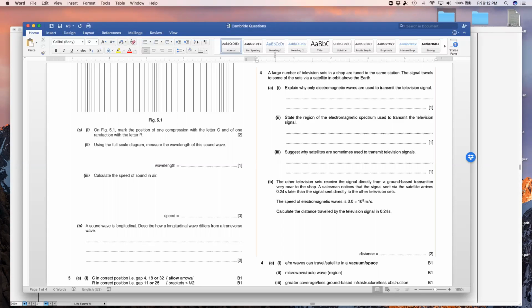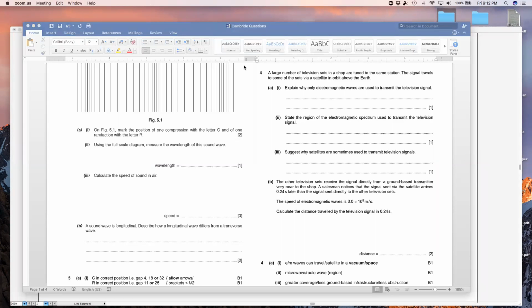You use radio waves. So that's the part of the electromagnetic spectrum that these television signals are made up of.